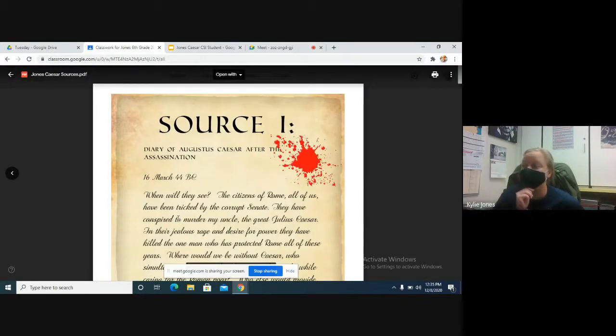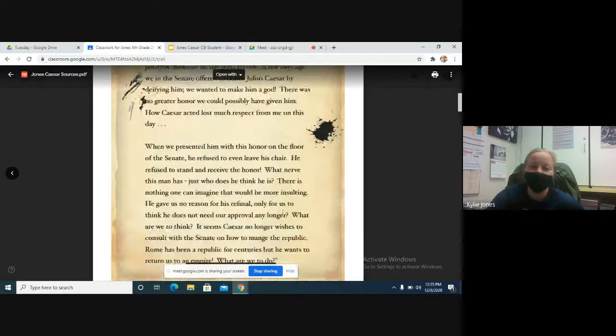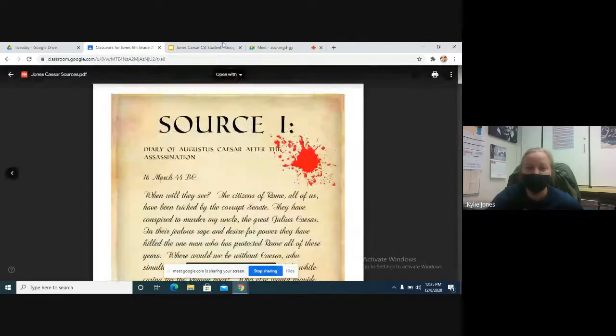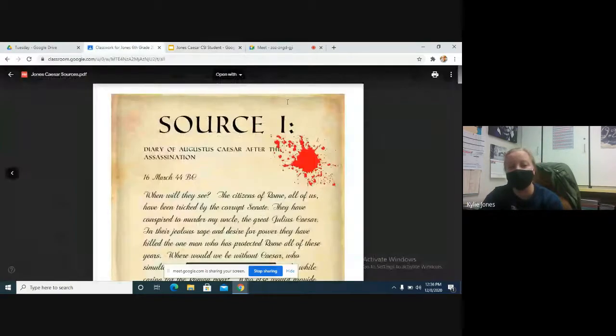So we have a PDF that has letters written by people, documents from back in ancient Rome, things like that, that we will read through in correspondence to the correct number. But that's our goal for the day. We probably won't get to finish it, but we're going to start at the beginning and just work our way through. So for today, you need to have open the Julius Caesar CSI student part and the sources, the documents where the writing is. Okay?